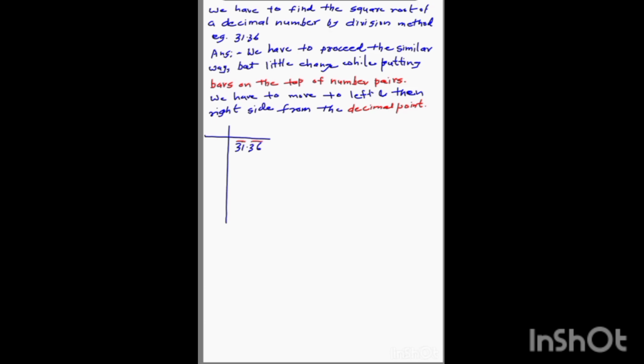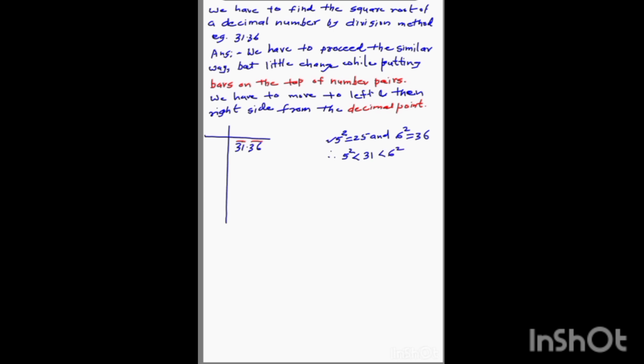Now try to find a number which is a perfect square and lesser than 31. 5 squared, it's very easy. 5 squared is 25 and 6 squared is 36, which is greater than 31. So 5 is your number. See right here the comment: 5 squared is less than 31, which is less than 6 squared.